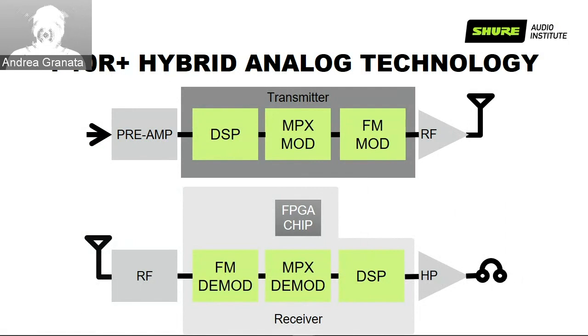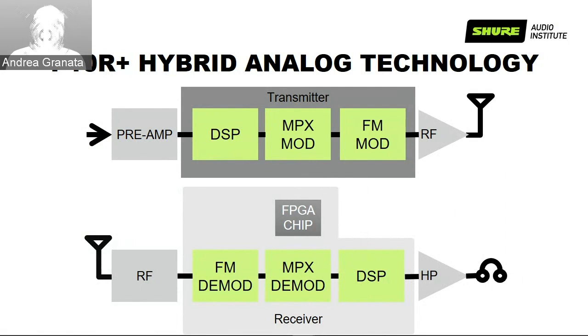Then the FPGA chip is taking care of FM demodulation, multiplex demodulation, a DSP that is changing the signal, so you can have an EQ, you can have a boost in high frequency, or technically with P10r Plus you can have a 4-band completely open parametric EQ, and then we have the headphone amplifier.